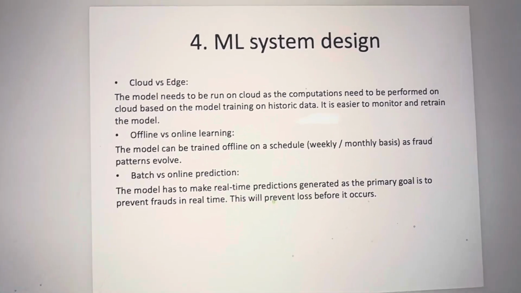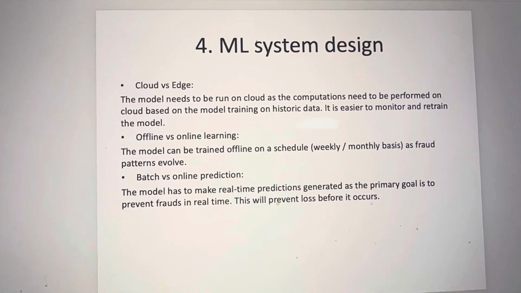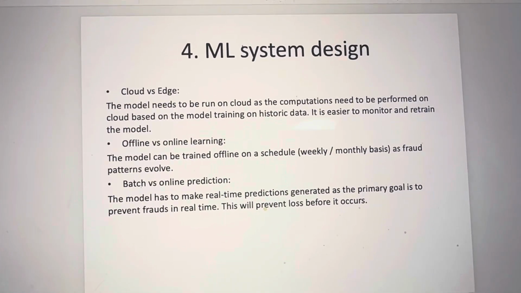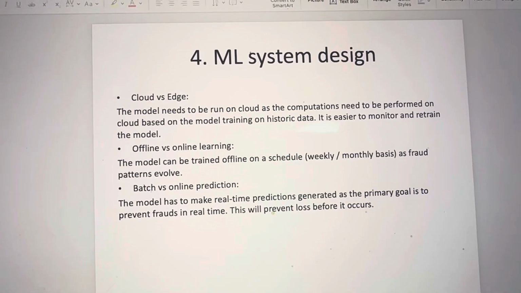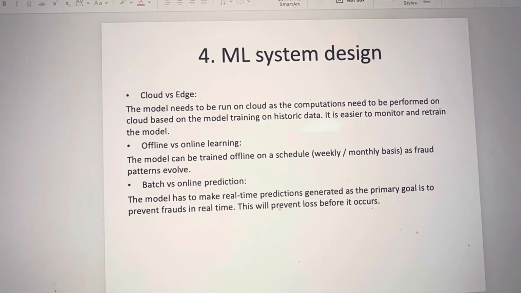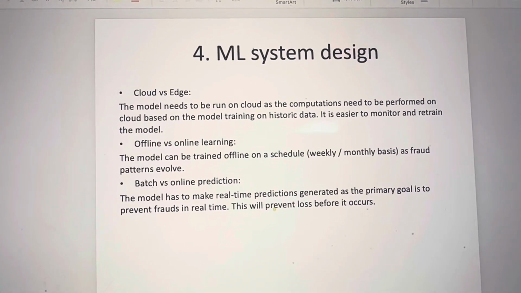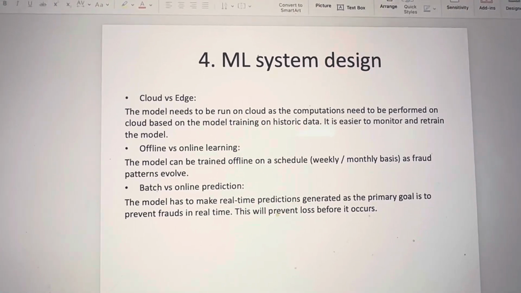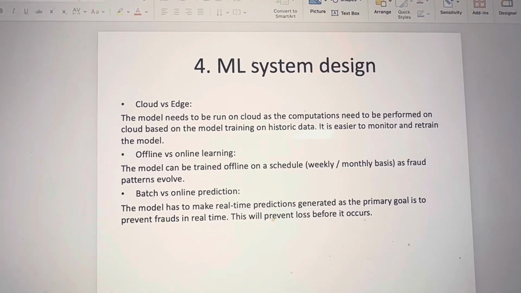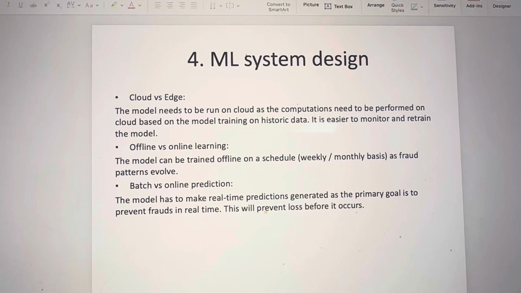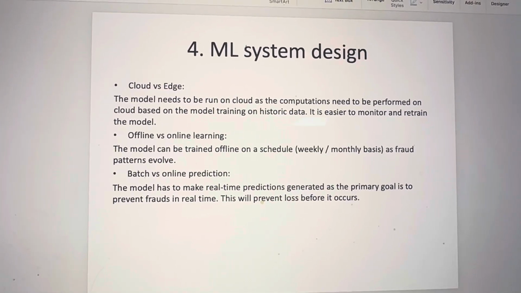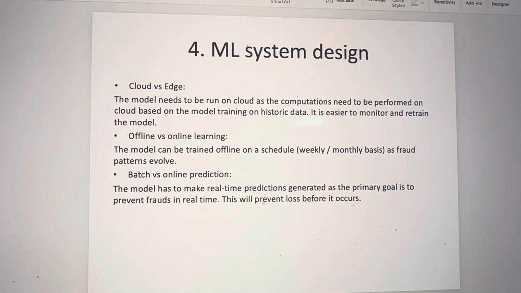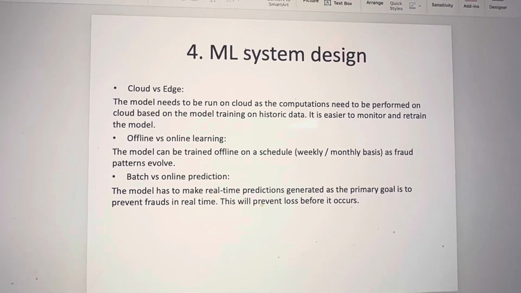And the next step of building the ML model is we have to make system design decisions. So whether it is cloud versus edge, or offline versus online learning, or batch versus online prediction. For this version of the model, I have decided that the model needs to run on cloud, as the computations need to be performed based on historical data, and it's also easier to monitor and retrain the model.